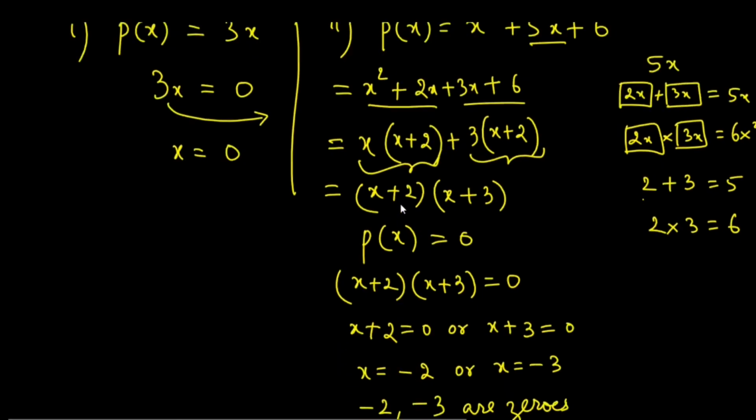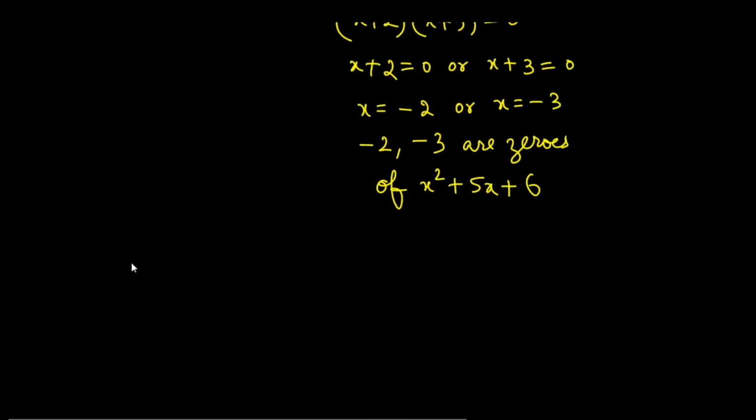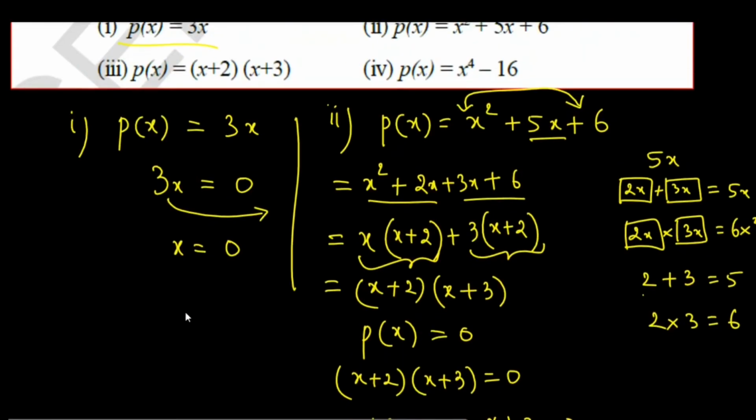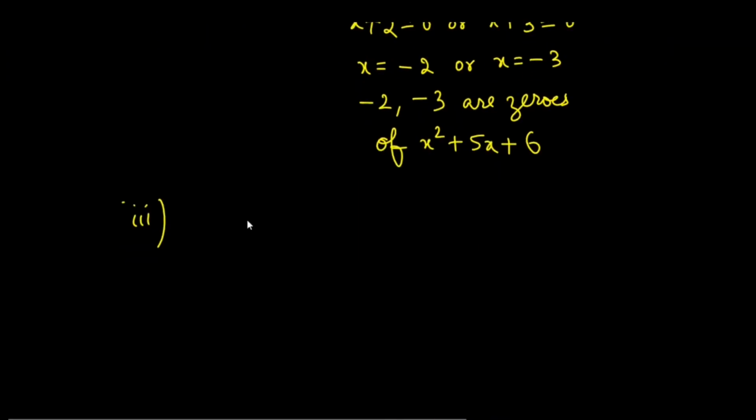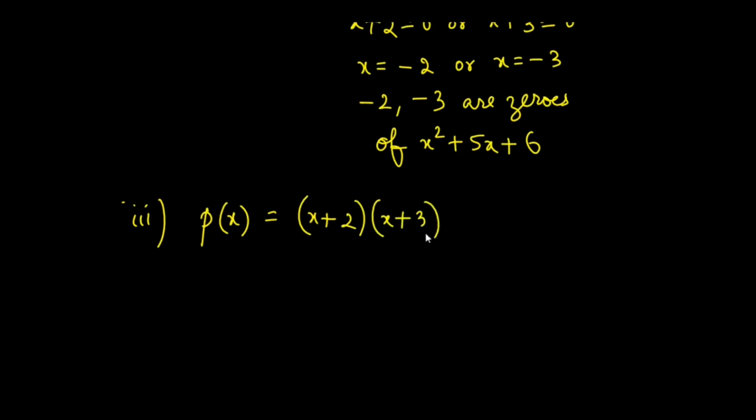Then the third one. The third one is given as p of x is equal to x plus 2 into x plus 3. We have solved this one just now. To find the zeros of a polynomial, we equate the polynomial to 0.